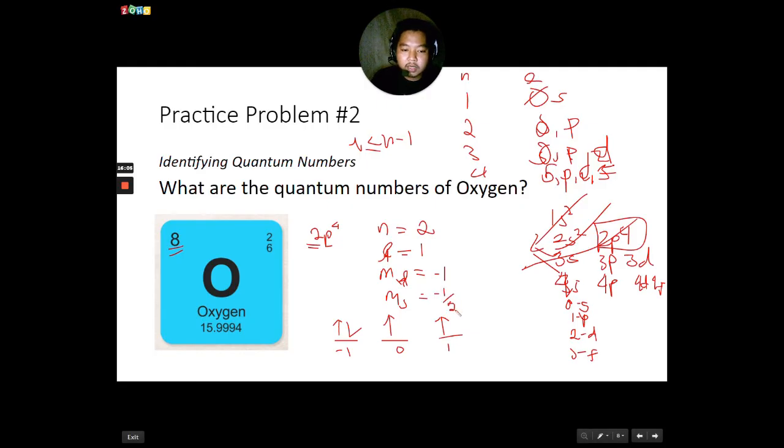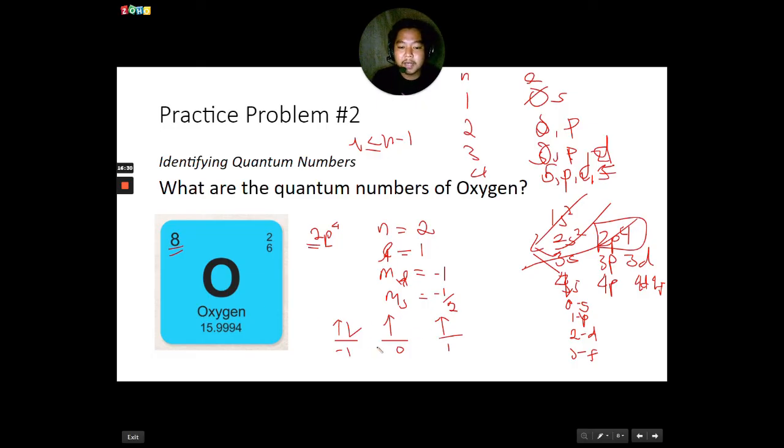Sir, why can't it be positive 1? Good question. Because if it becomes positive 1, it becomes a different element. The positive 1 is here and it becomes p3. It's no longer oxygen but nitrogen, the element before oxygen.